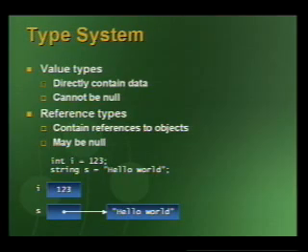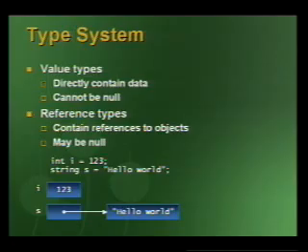With value types, when you have a variable of a value type, it directly contains its data, and therefore it cannot be null. A good example of a value type is an int. When you declare an int, you set aside 32 bits inline on the stack or in your object. And when you assign to it, you simply move those 32 bits in and out of the variable.